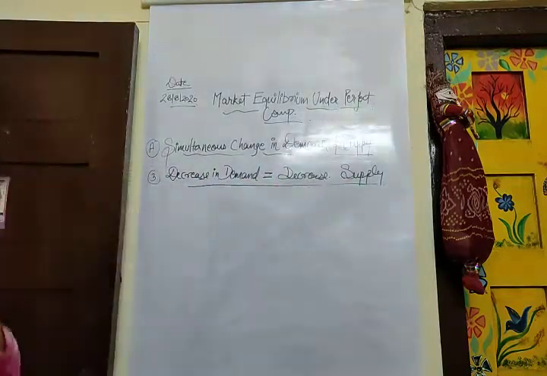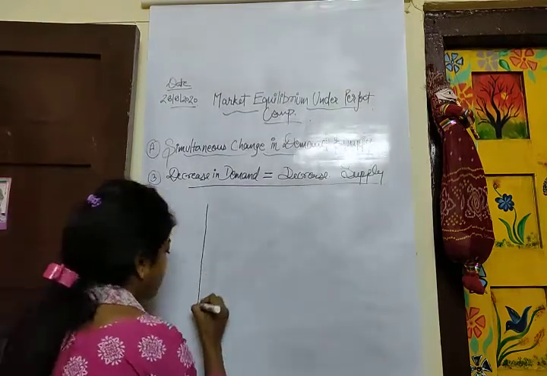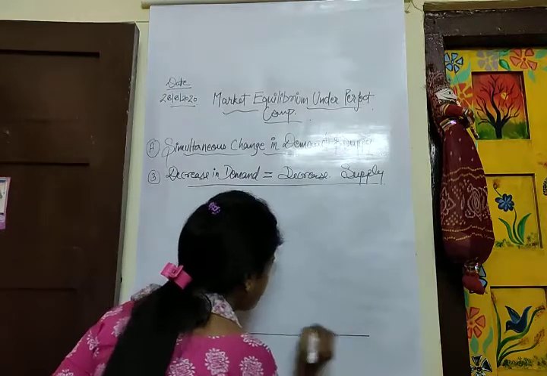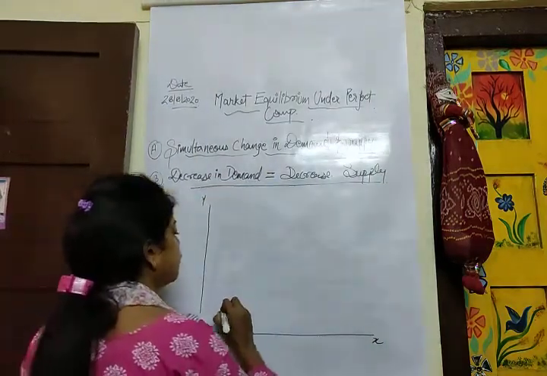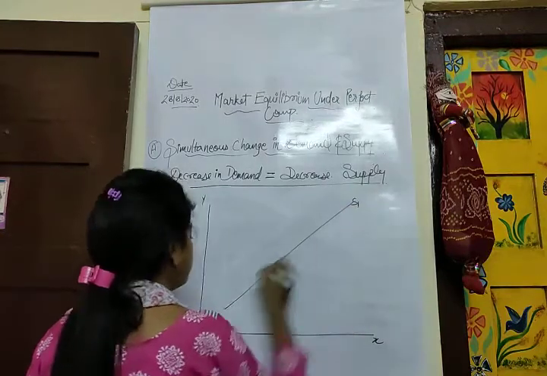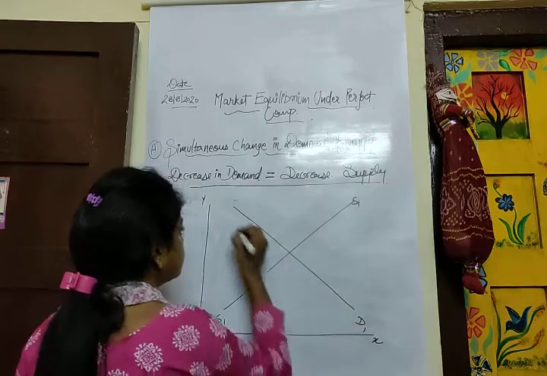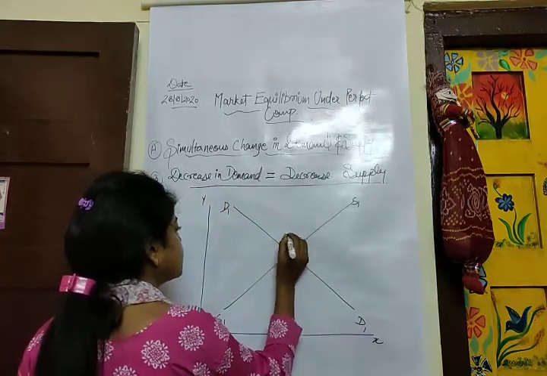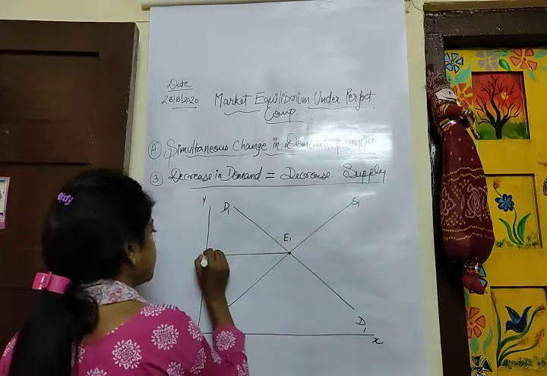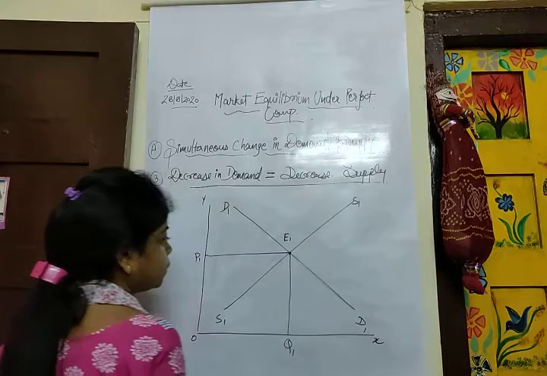Nothing is new here. The same thing again. Firstly, we have to draw the market equilibrium like this. This is S1. This is D1. The intersection point is E1. This is the price P1 and this is the quantity Q1.